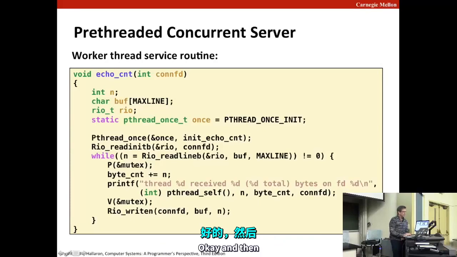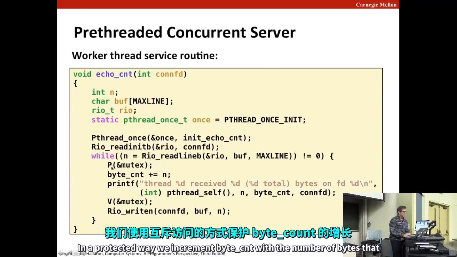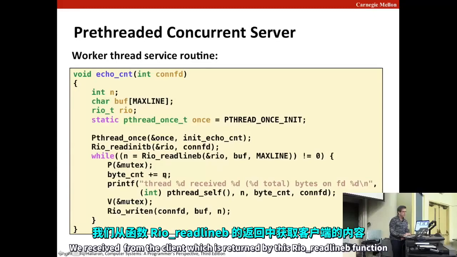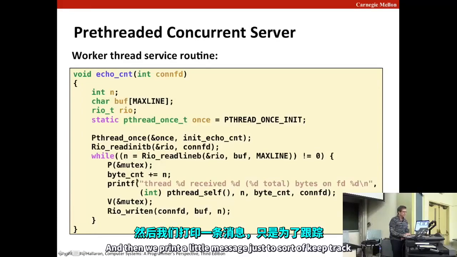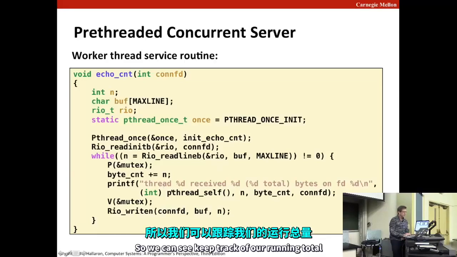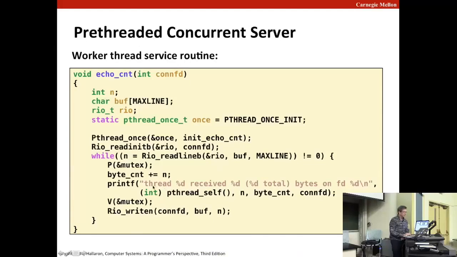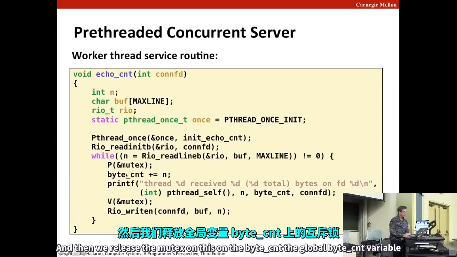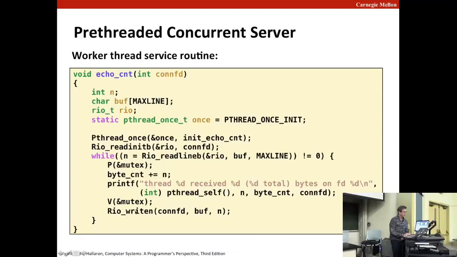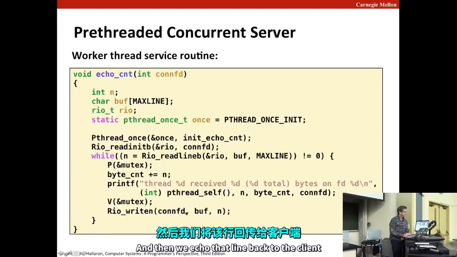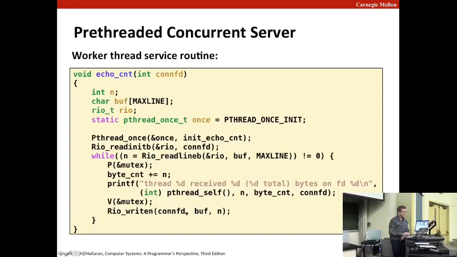And then in a protected way, we increment byte count with the number of bytes that we received from the client, which is returned by this Rio read line B function. And then we print a little message just to keep track of our running total. And then we release the mutex on the global byte count variable, and then we echo that line back to the client. Okay. So any questions about that?